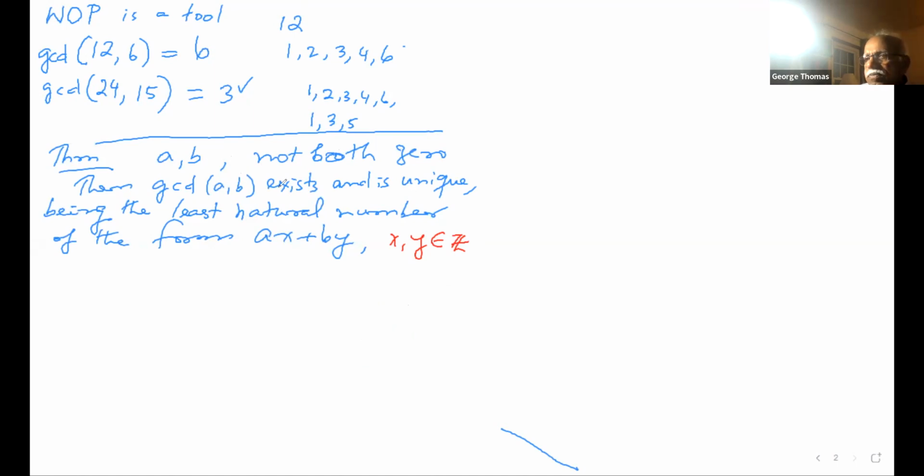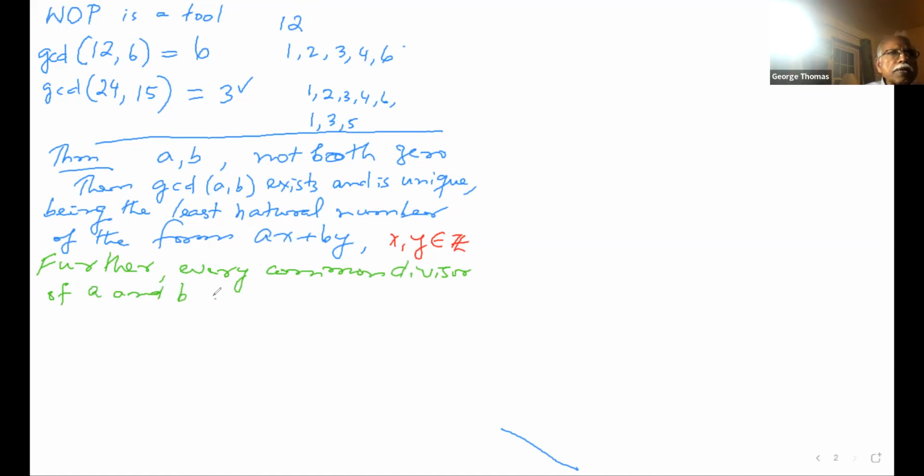Then this is true. We can say more. This is going to be a beautiful theorem, very useful. Further, every common divisor of A and B divides GCD(A, B).